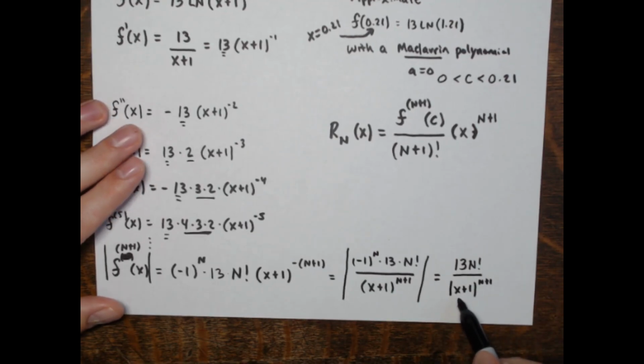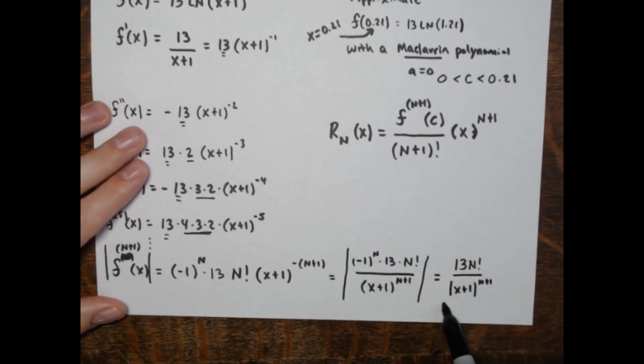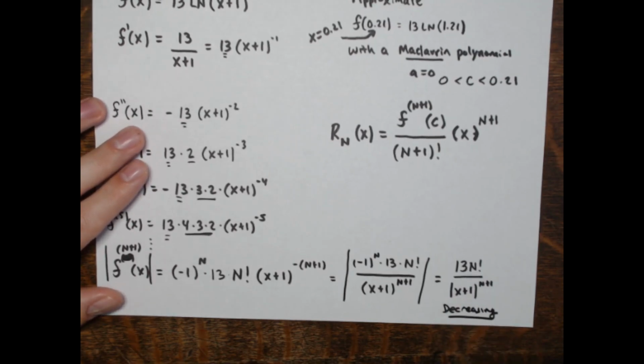Now this is definitely a decreasing function. As x increases, the denominator would get bigger, and the numerator is fixed. Numerator is a constant. Anything that's not x is fixed. So as x gets larger, this gets smaller. So this is a decreasing function, no matter what n is.